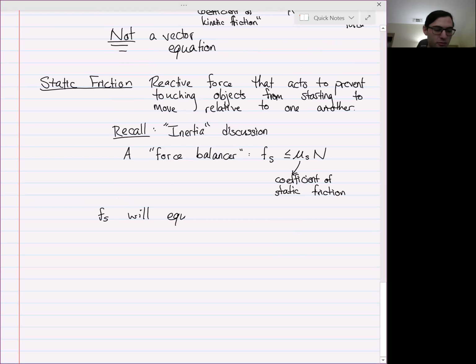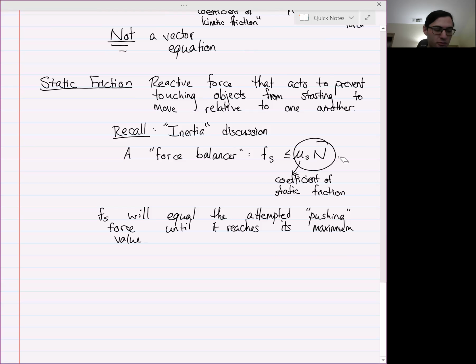So the point of this whole matter is that the static frictional force will equal the attempted pushing force in magnitude, putting that in quotes, until it reaches its maximum value. So its maximum value is mu sub s times n.